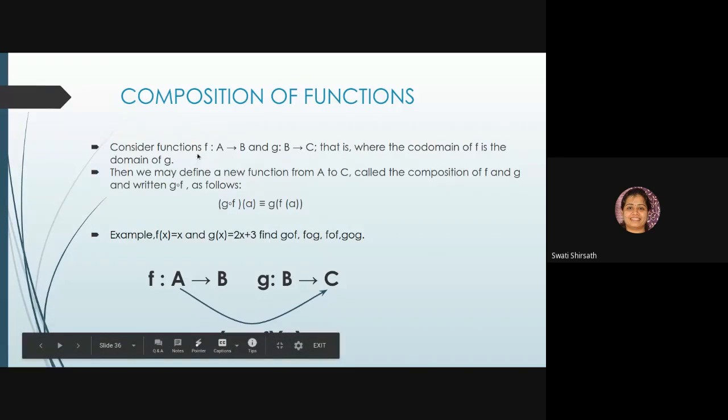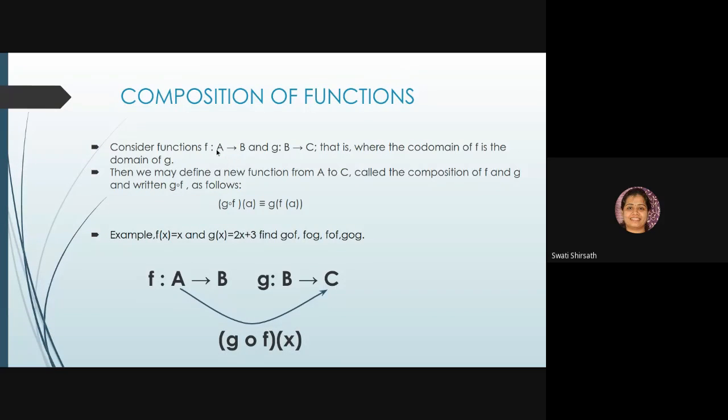So as you can see here, g of f is there, but then the domain you are considering is a. Okay, so mapping always goes from here to here, not from here to here. So you always look for the one given inside the brackets, and that becomes your domain, and whatever is written outside the bracket, the codomain of that becomes the codomain of this entire function.